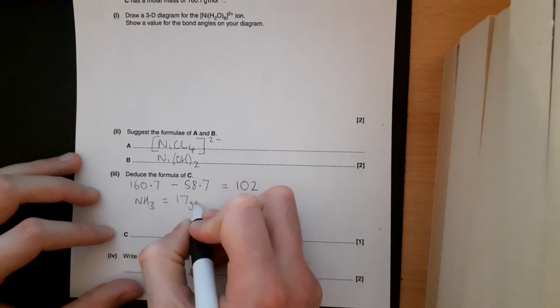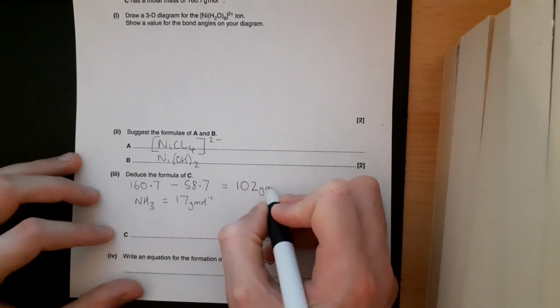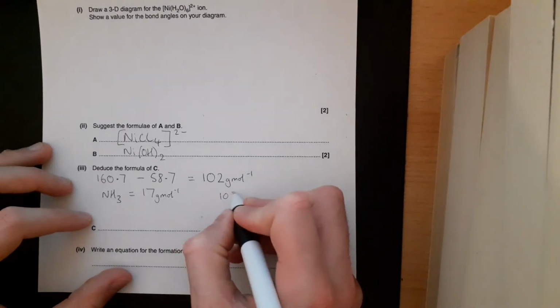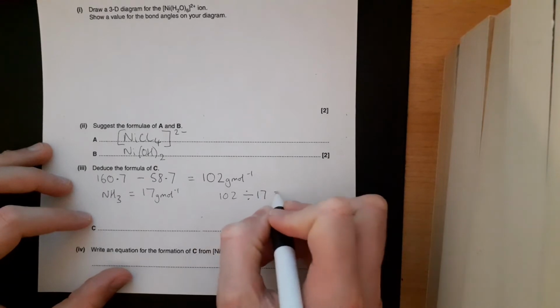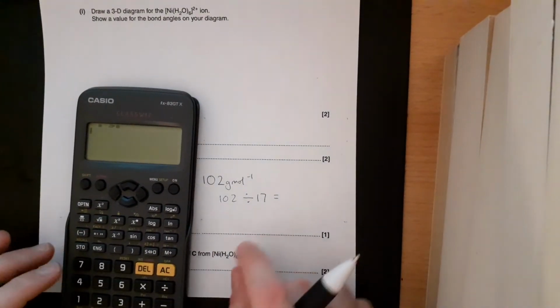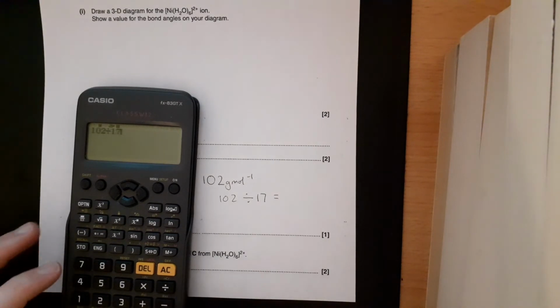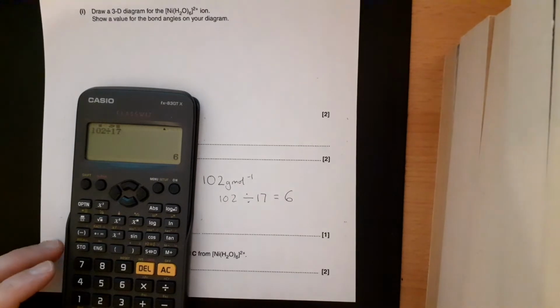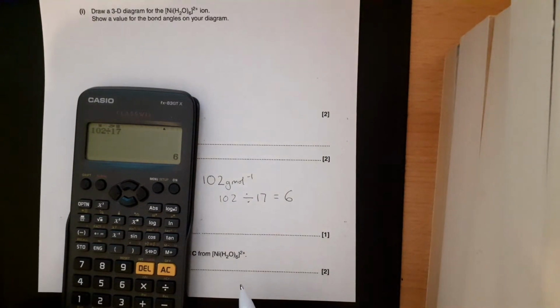It's 17 grams per mole. So then if we now divide this, if we do 102 divided by 17, let's see if this comes out as a whole number. Yeah, it comes out as exactly 6. There you go. So that is telling us that we have got 6 of those ammonia ligands. It's substituted all 6 of them.